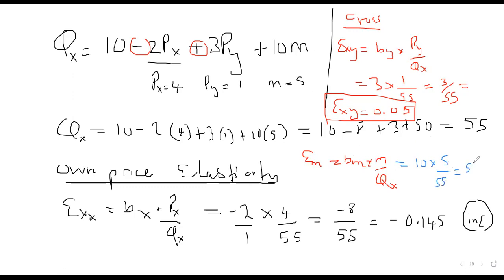So here we're going to have 50 divided by 55, which is 0.90 or 0.91. Since we have a positive answer, income elasticity means that it is a normal good. If we got a negative, it would be an inferior good. So we defined the three types of goods in terms of elasticity and in terms of their nature.